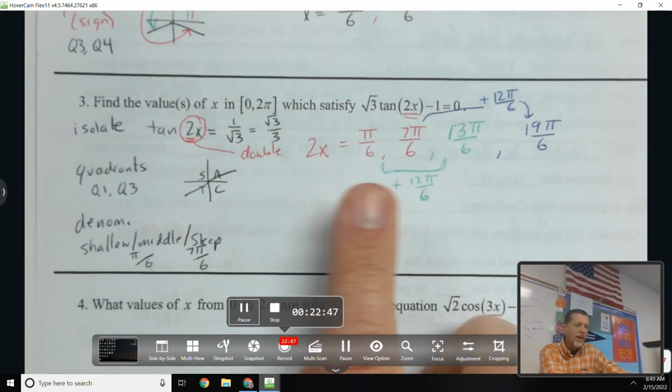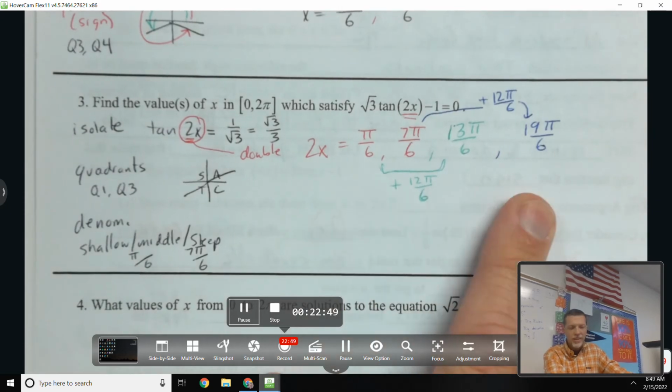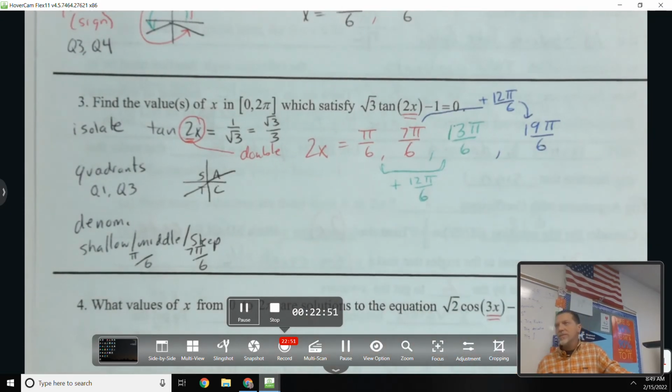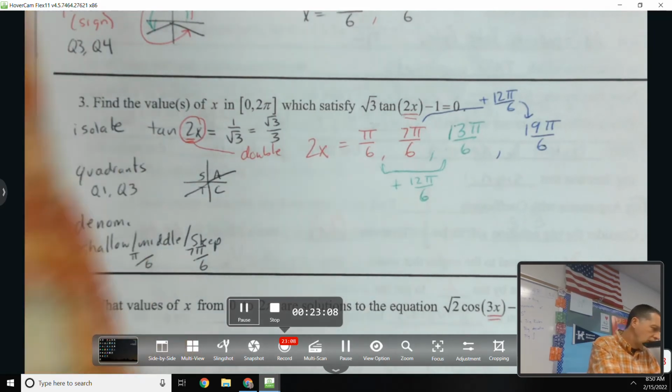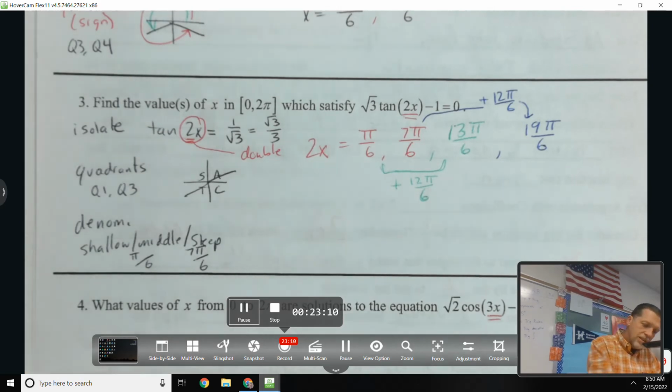If I have 2x equals all these things, what do I do to get x by itself? Divide by 2. What's another way to say divide by 2? Multiply by 1/2. I mean, I can divide by 2, but I'd rather multiply by 1/2. Pi over 12.